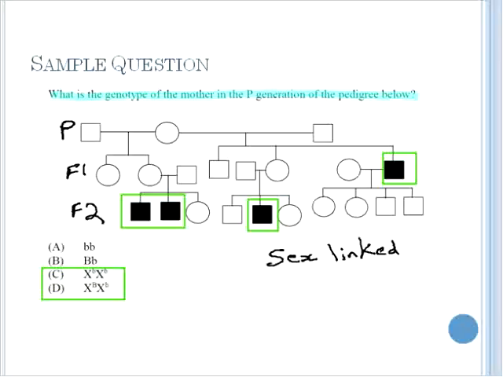As the mother does not display the trait herself, but she has obviously passed it on to her offspring, the correct answer then must be she must be heterozygous. She must be a carrier. So the mother, in this case, must indeed be heterozygous.